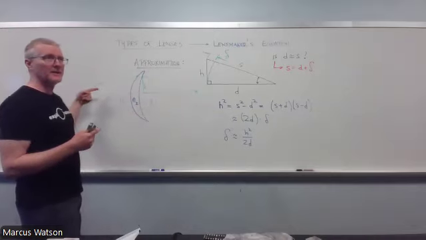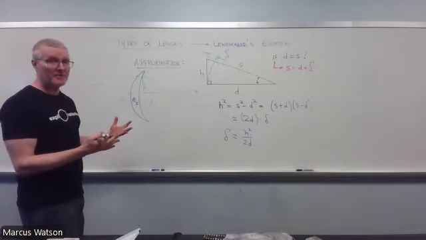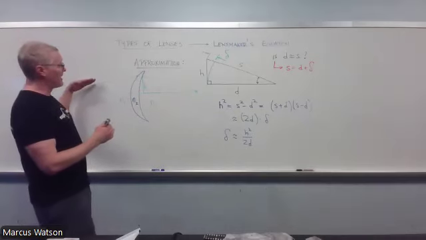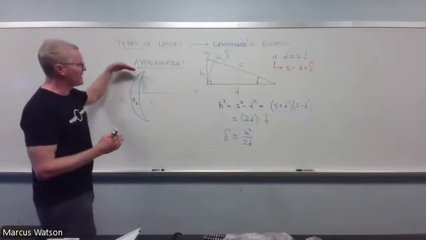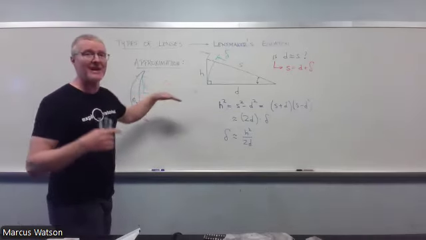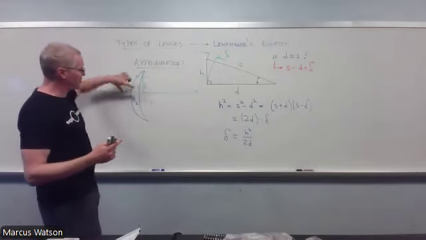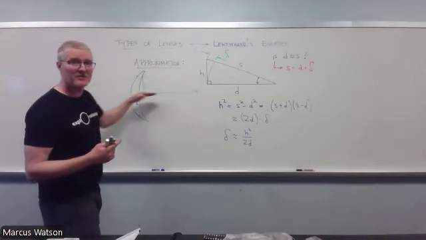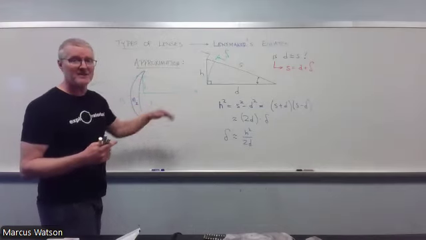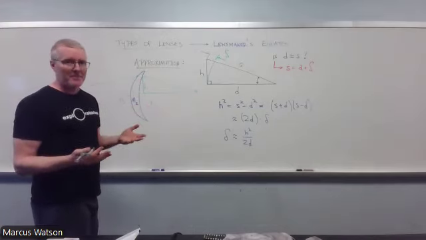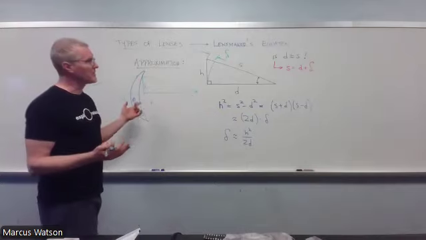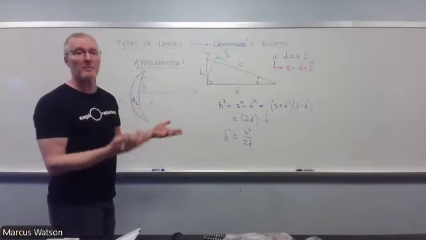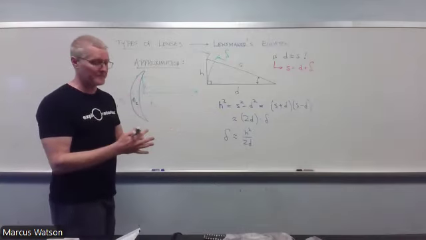Okay? If I set all that up and I say, look, I've got a certain amount of time to go here plus a certain amount of time to go here, and that should equal the time it takes to go through the thickest part of the lens times the index, what's going to happen is I'm going to be able to show you that the lens maker equation essentially drops out from this. Okay?